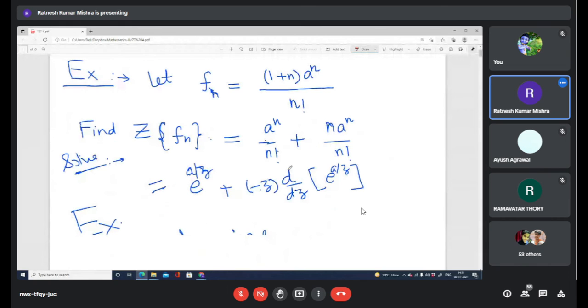Equation 1. See, in this one, p equal to 0, so z power 0 is 1, f(z), z power 0, 1.